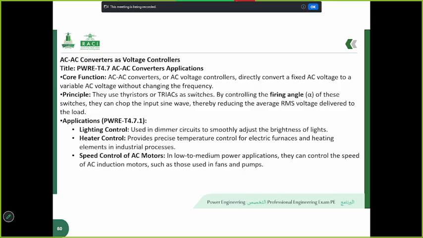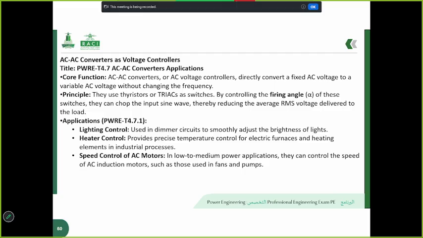By delaying the turn on of the switch, a portion of the sine wave is chopped, which reduces the overall root mean square or RMS voltage value delivered to the load. So the more the firing angle is delayed, the lower the output voltage can be reduced.